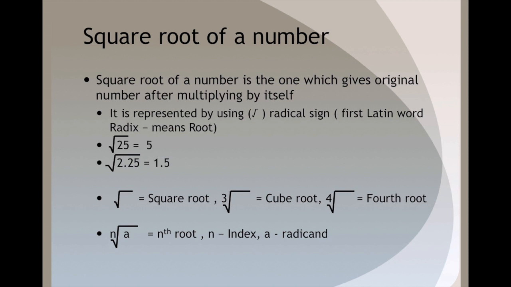The number inside this sign, of which we need to find the root, is called the radicand, and the number outside this sign is called the index. Don't worry too much about all these things, we'll learn as we go to the next chapters.